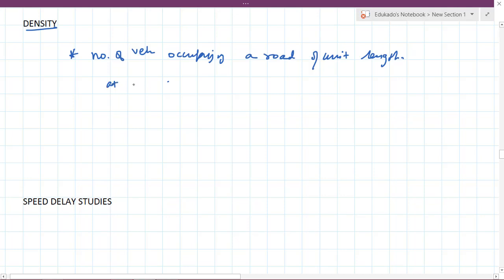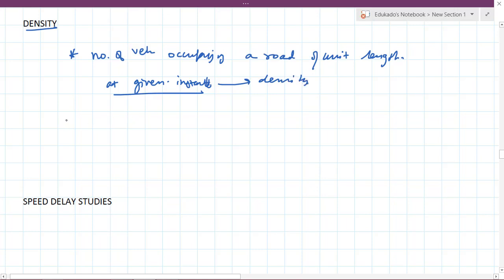So you can also say it is the number of vehicles occupying a road of unit length at a given instant. This point is important, at a given instant, and this is known as density.